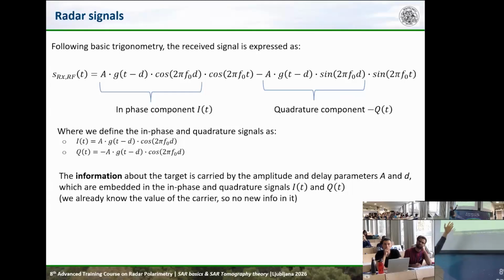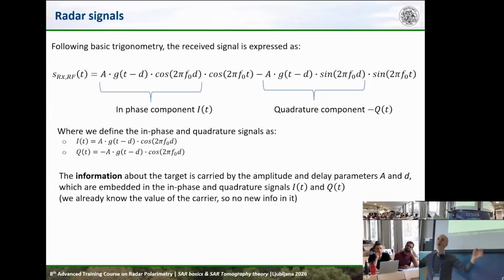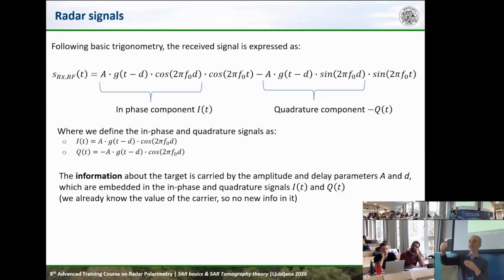So basically here what we want to get is the information about the amplitude and the delay, because the amplitude is telling us, more or less, how big the target is, not exactly, but let's say so, and the delay is telling us at what distance it is from the radar.